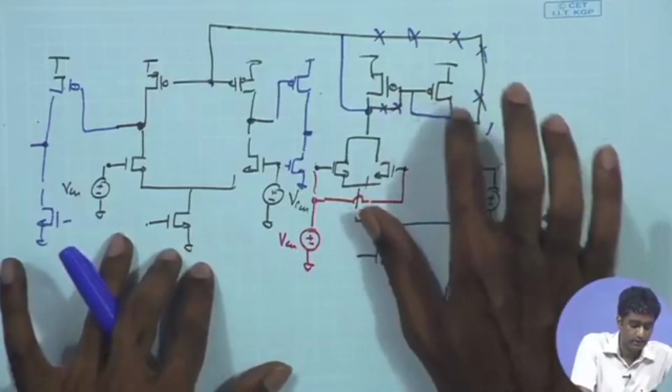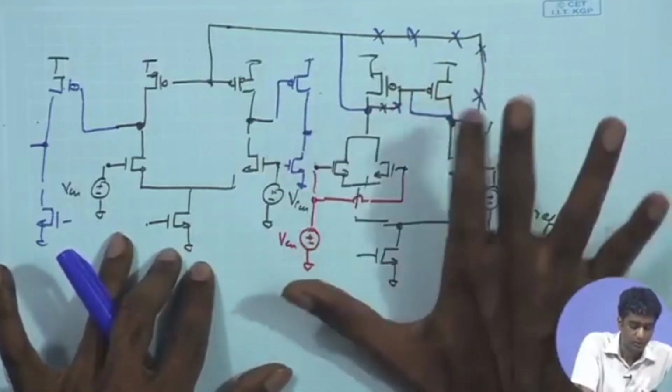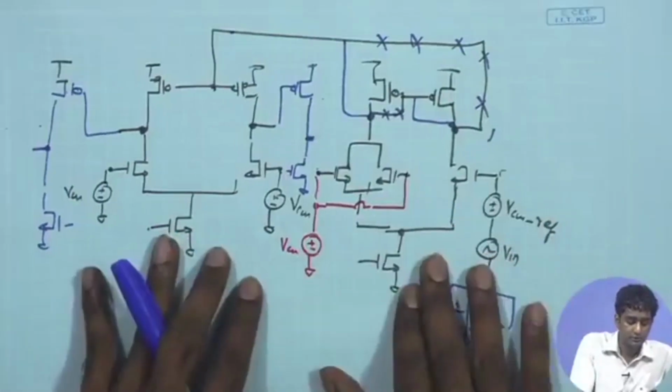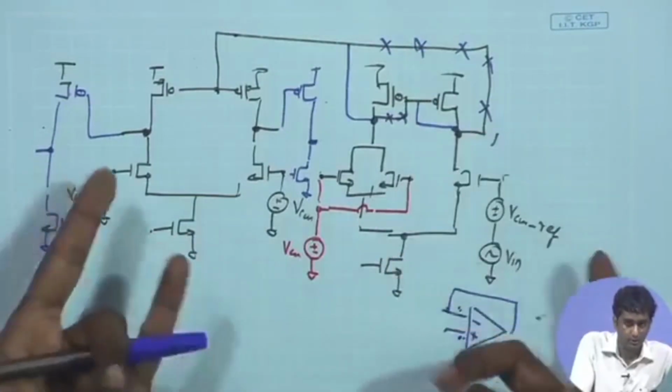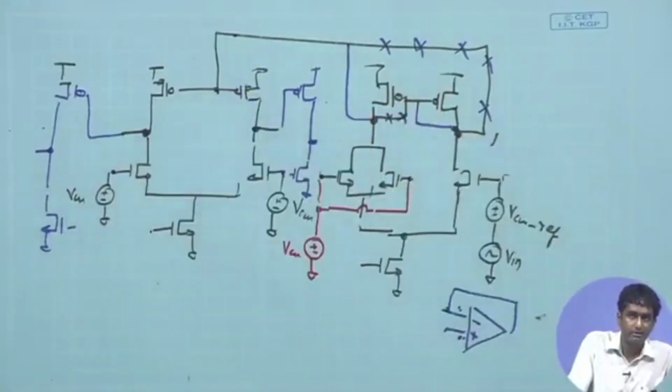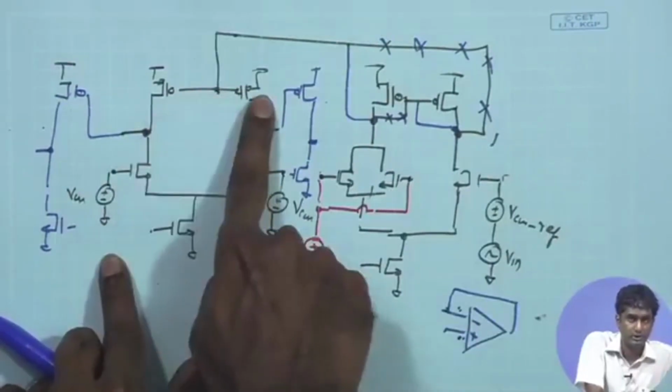So if I look at the original case where I have the current mirror load, you should be able to distinguish between these three terminologies. Current mirror load means only one side diode connected, diode connected load means both sides diode connected, and current source load like this is where none of the sides are diode connected.